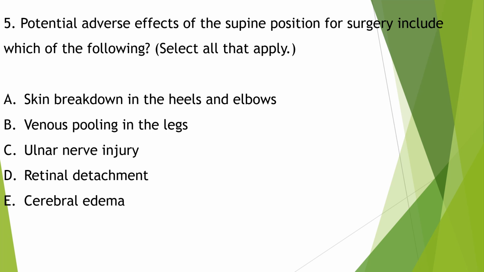When the patient is supine, complications include but are not limited to skin breakdown in the heels and elbows due to prolonged pressure, venous pooling and risk for deep vein thrombosis, and ulnar nerve injury due to pressure on vessels and nerves. Cerebral edema and retinal detachment are not associated with positioning. So the answers are skin breakdown in the heels and elbows, venous pooling in the legs, ulnar nerve injury.